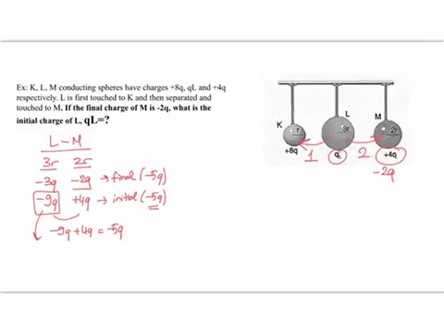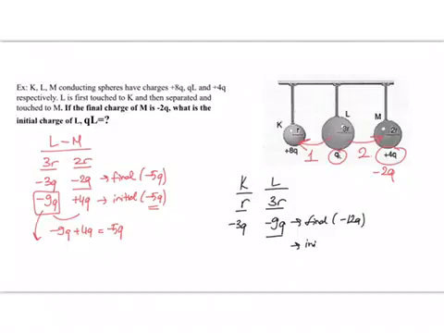Now come to the initial situation, K touching L. K has a radius of R, L has a radius of 3R. The final charge of L is minus 9Q. Again, proportional to their dimensions, 3R has a charge of minus 9Q, so R has a charge of minus 3Q. So the total charge is equal to minus 12Q.